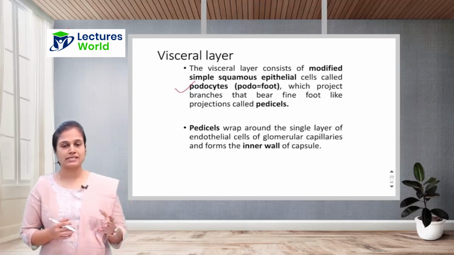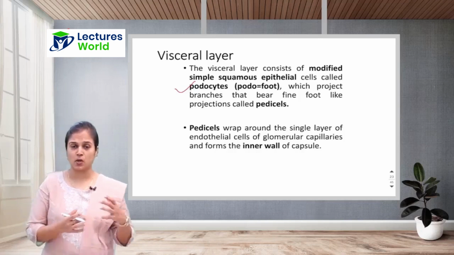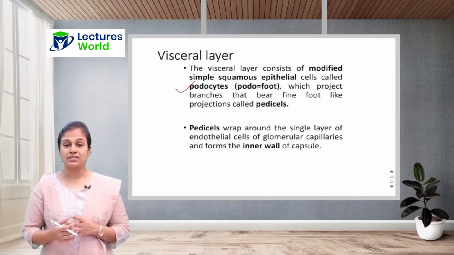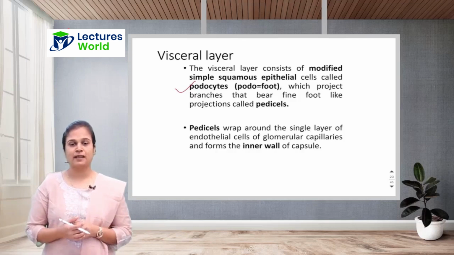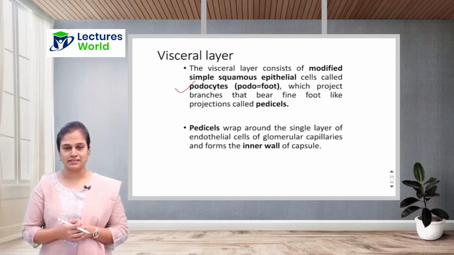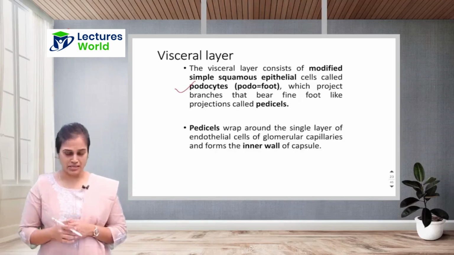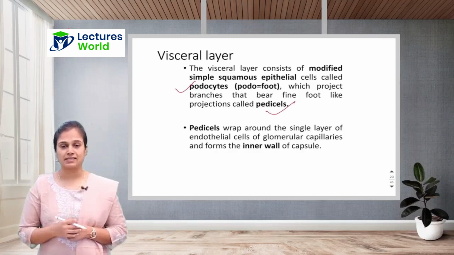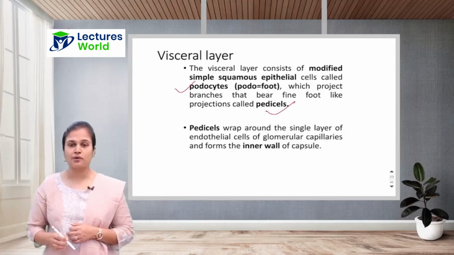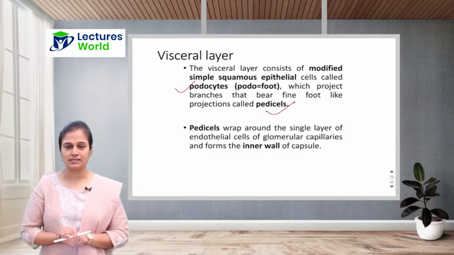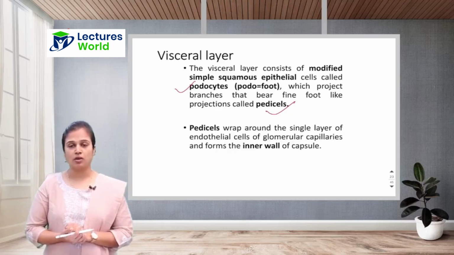Podo means foot and cytes means cells. These modified cells project branches that bear fine foot-like projections called pedicels. Pedicels wrap around the single layer of endothelial cells of the glomerular capillaries and form the inner wall of the capsule.